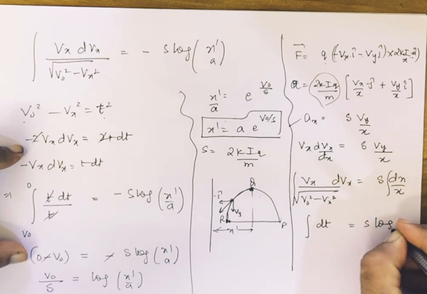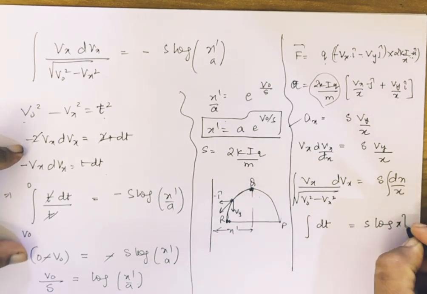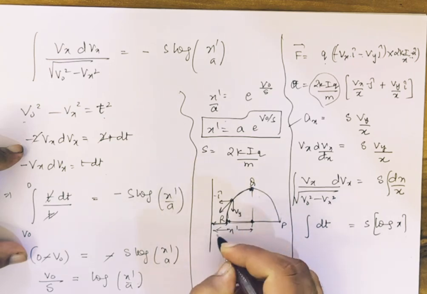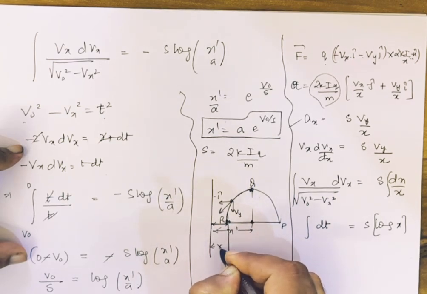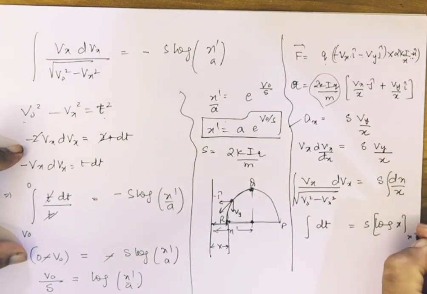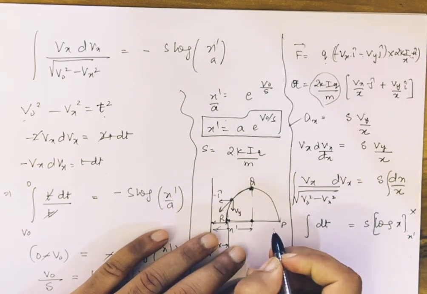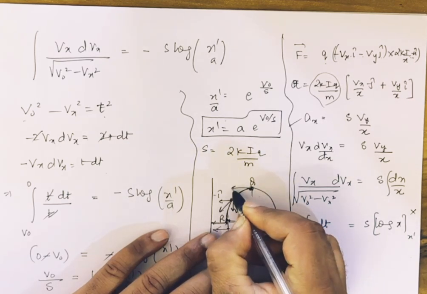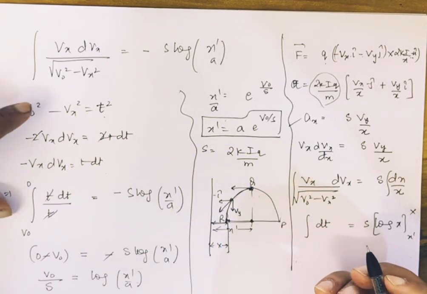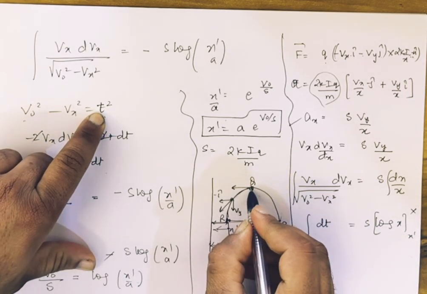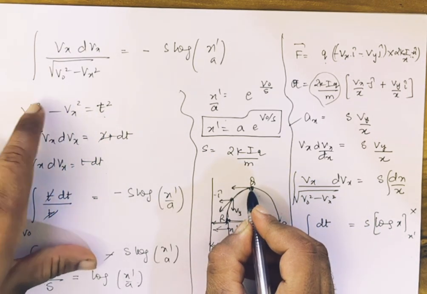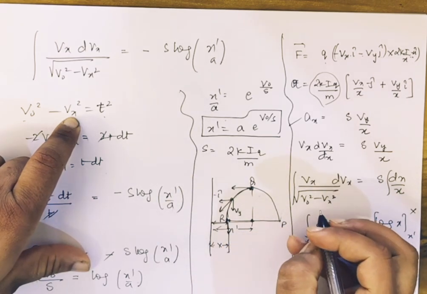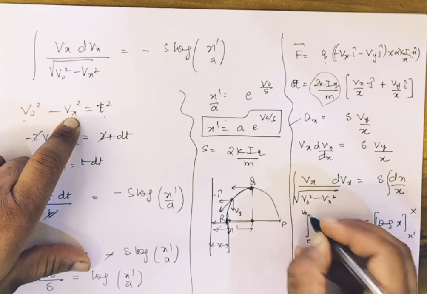It is equal to s log of x. Limit will be from x dash to this value x. This is what they are asking, na? Capital X. So x dash to x. So while I started the second journey from q to r, the value of t from here we can keep at q. vx is v naught, so v naught minus v naught is 0, it starts from 0, and when it reaches here it has only the y component, which will be v naught.